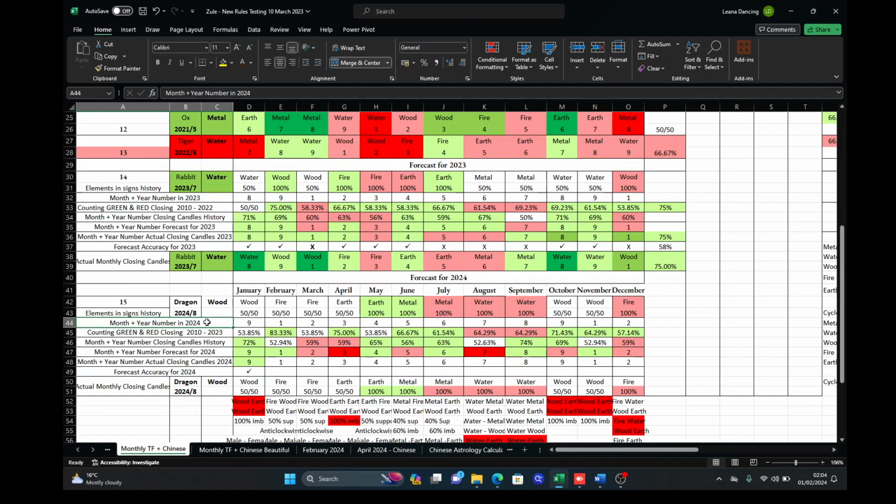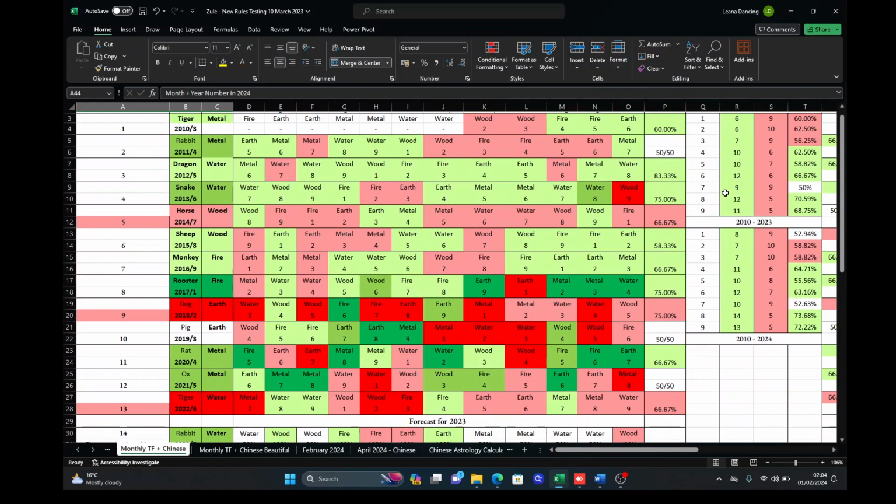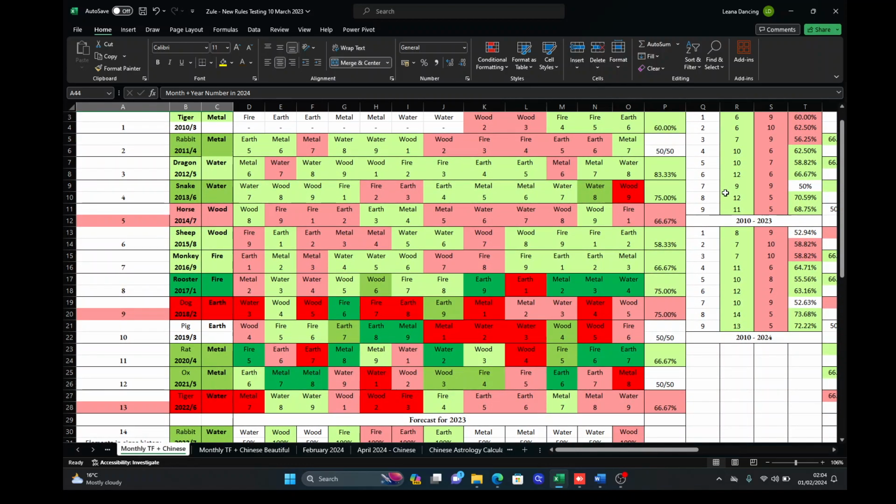So 2024 is number 8 plus month number 3, that is 11, so therefore it's number 2. And then in what I have done in those tables here, for every single month for the whole duration of Bitcoin's life, I have counted what color candles they have closed on, and then I have transferred this information in this table here.